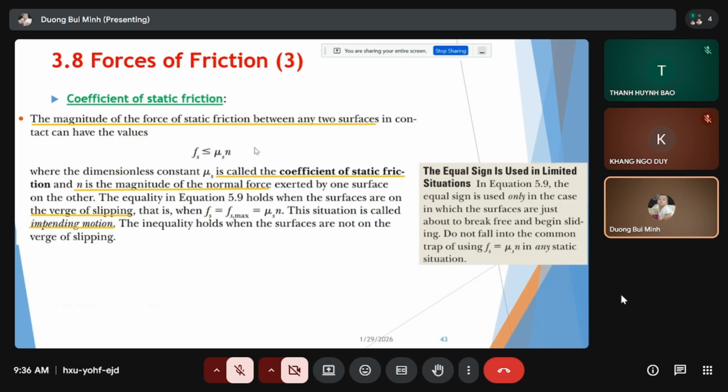This is the boundary: the maximum Fs, I mean Fs max, is mu s times the normal force. And of course we know the normal force is m times g, where g is the gravitational acceleration. We need to consider Fs max because if the external force is higher than Fs max, the object starts to move.